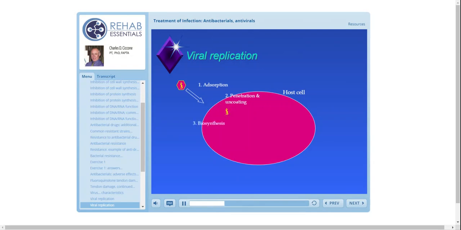It releases its genetic material to begin biosynthesis or synthesis of new viral parts. And when it's synthesizing these viruses, a lot of times the host cell cannot function. When the viruses are mature, they're released and they go out into the body to infect other cells. Sometimes the host cell continues to function, sometimes it's destroyed in this process of release and maturation.